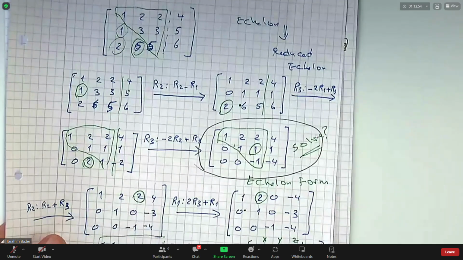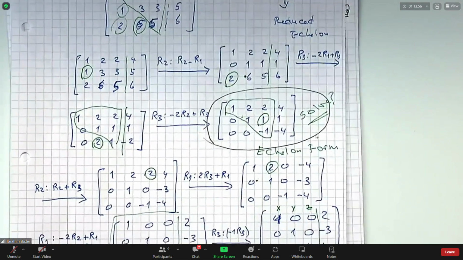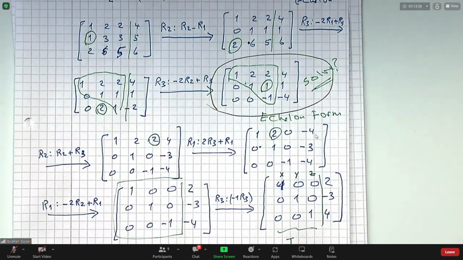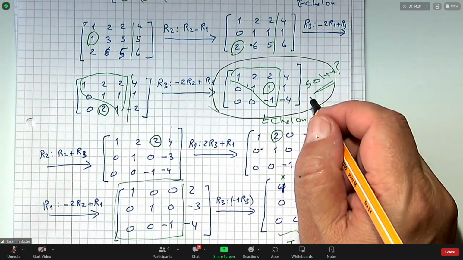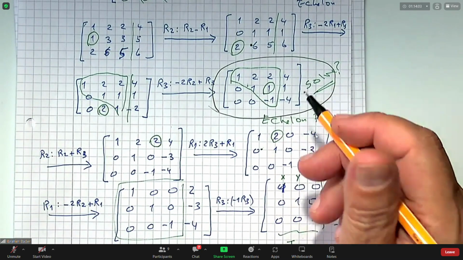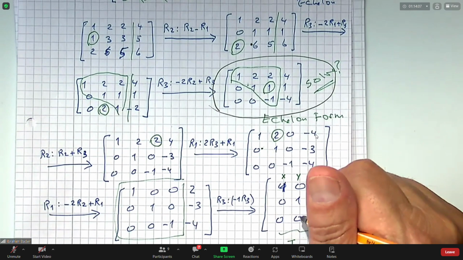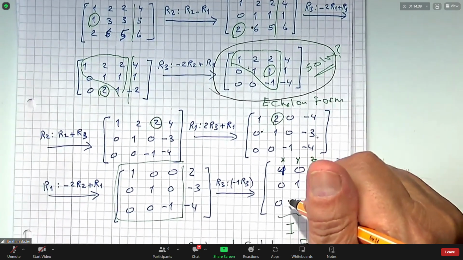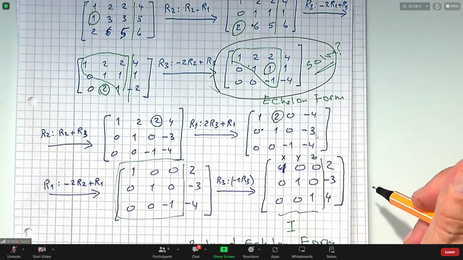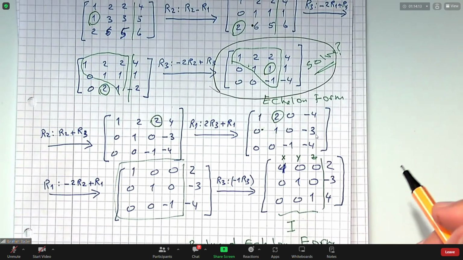Either you say, I don't want to continue, I can stop here and then solve, or you go all the way and evaluate the reduced echelon form, and from there you can straightforwardly get the values of the variables.